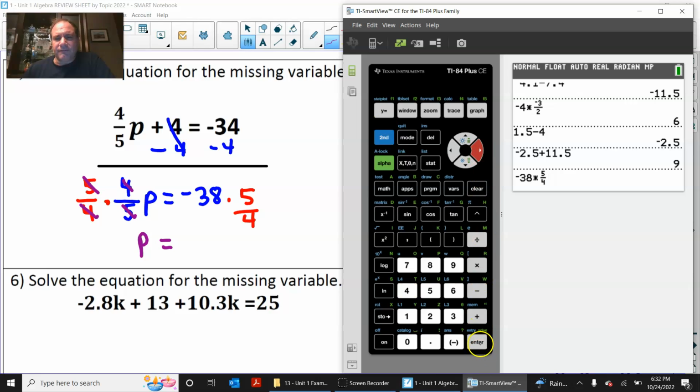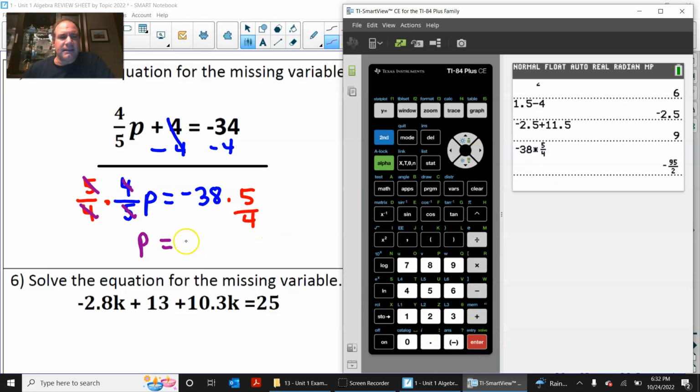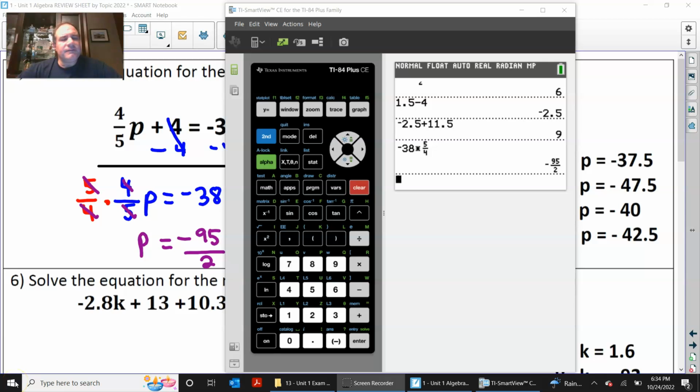So my calculator is going to figure this out for me. It is negative 95/2.